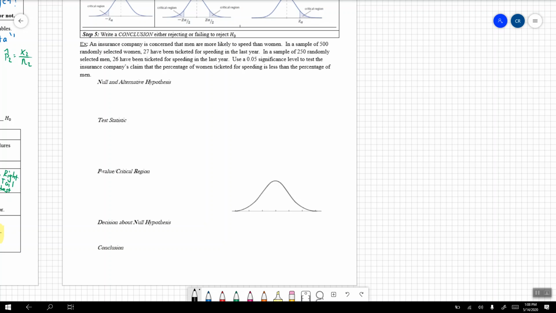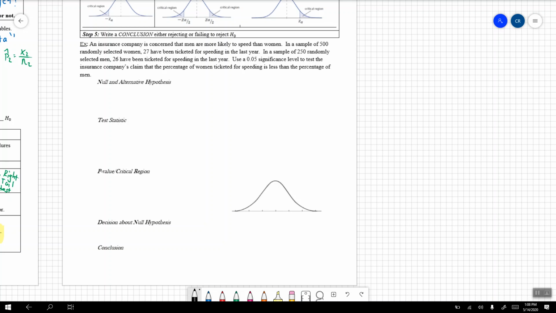In a sample of 250 randomly selected men, 26 have been ticketed for speeding in the last year. Use a 0.05 significance level to test the insurance company's claim that the percentage of women ticketed for speeding is less than the percentage of men.